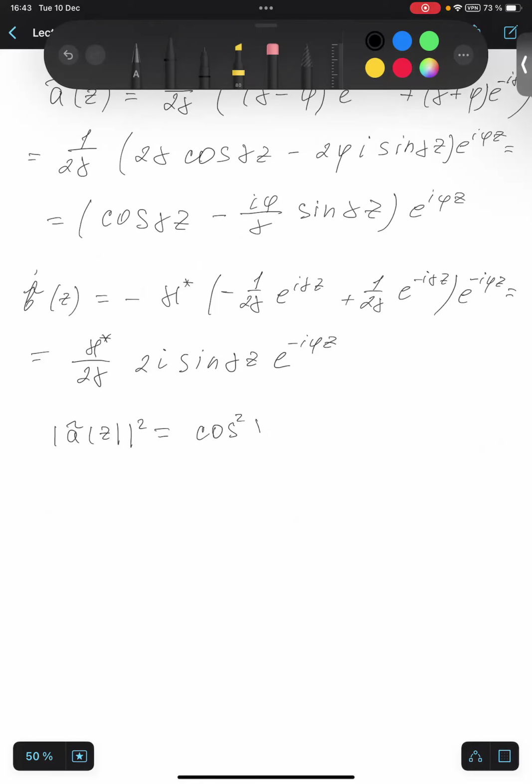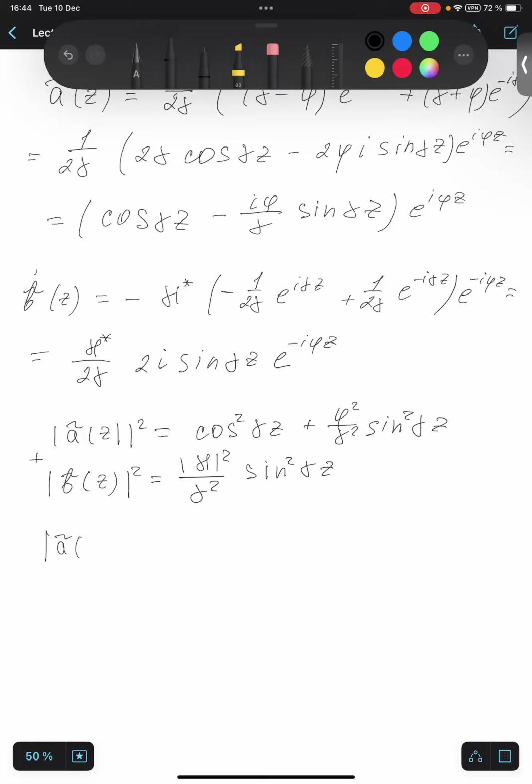It's just cosine squared gamma z plus phi squared over gamma squared sine squared gamma z, and b tilde squared, nothing else, just sine squared gamma z, and sum up these expressions.